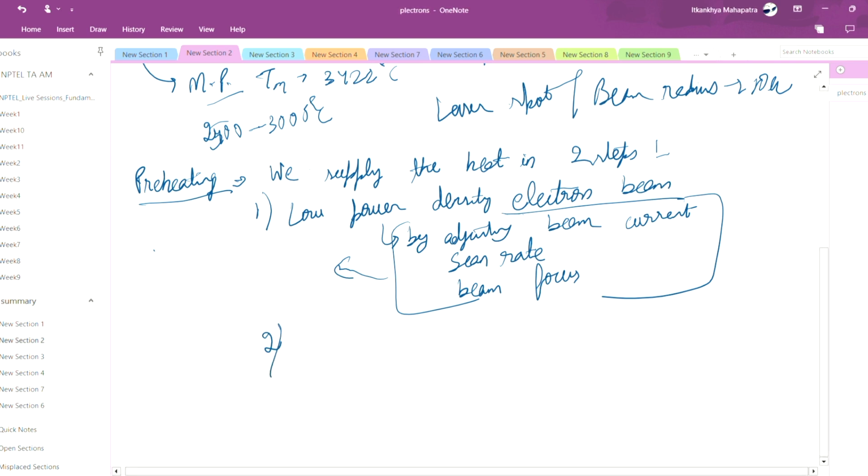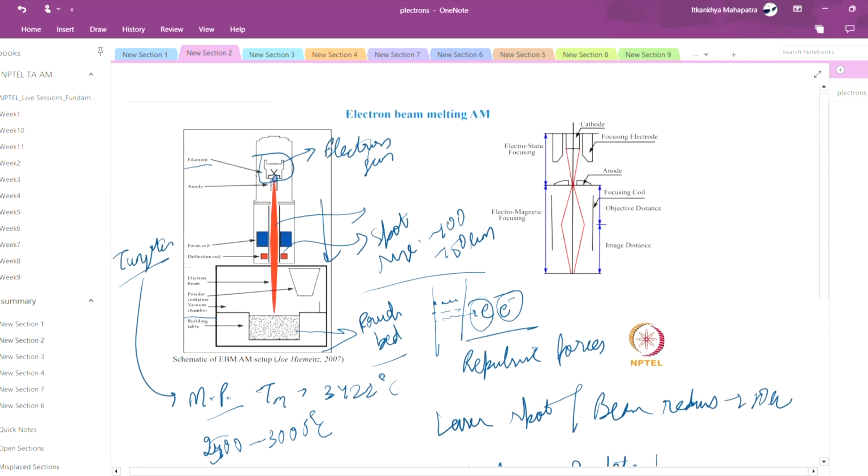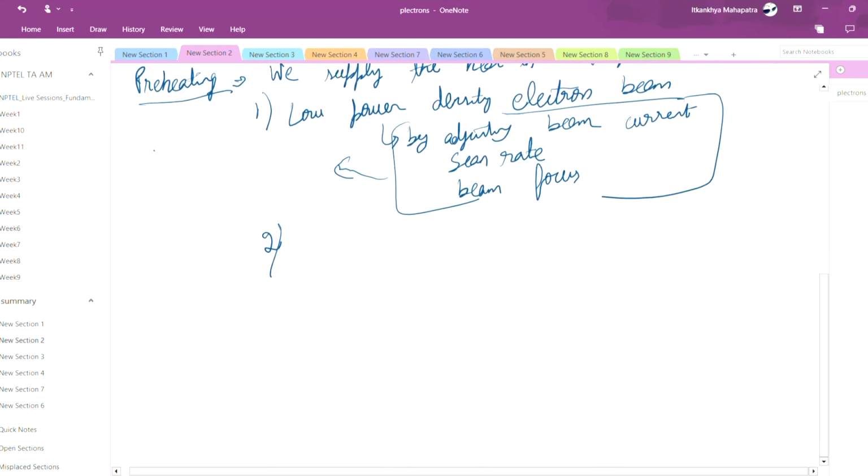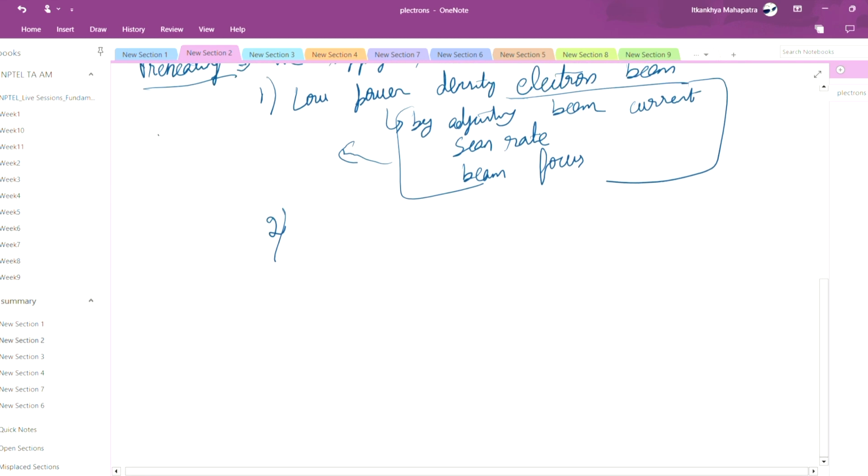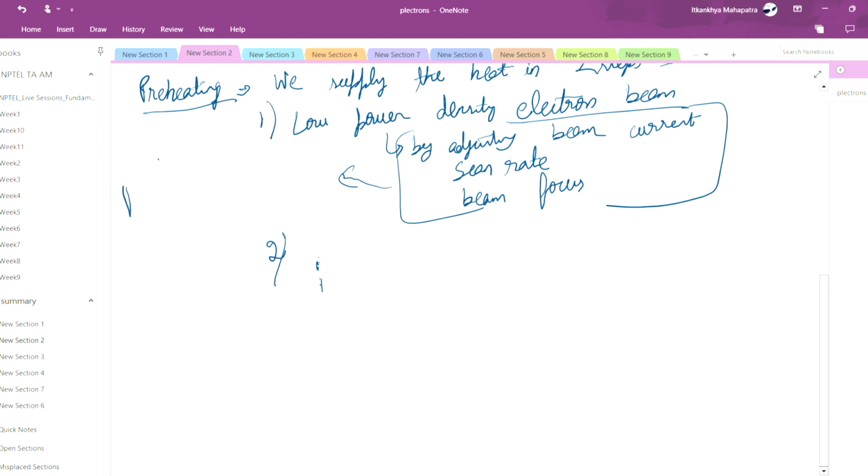In preheating we only have to heat the powder, we do not melt it. Consider this as the powder bed, and the top layer of the component is like this. In the preheating stage, this entire area will be heated, not only the area of the component's shape.